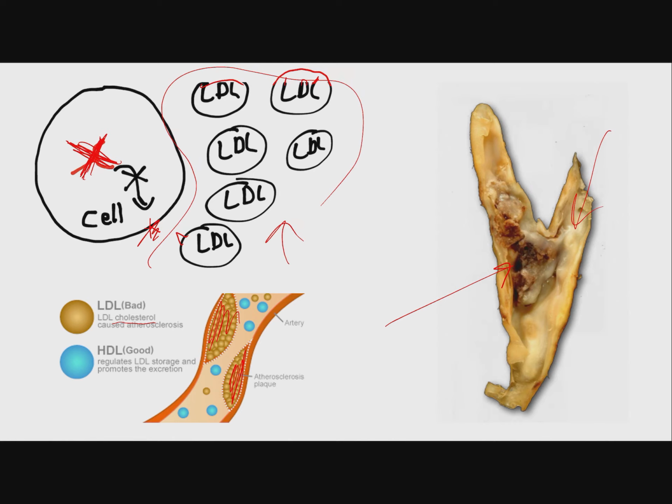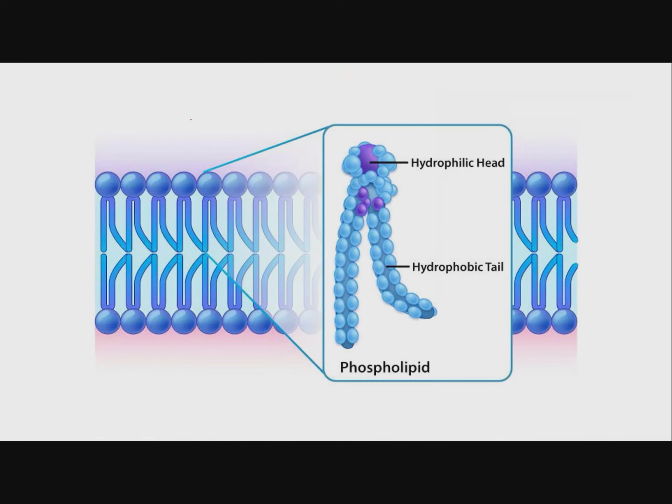Okay. Let's talk now about lipid bilayers. Every cell has a cell membrane, a plasma membrane, composed of a lipid bilayer, a phospholipid bilayer. Eukaryotic cells also have membrane-enclosed organelles, which also have these lipid bilayers.